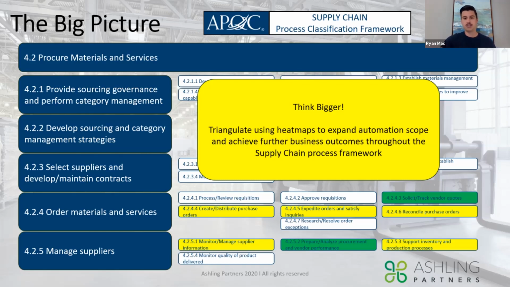And guess what? You see how many different standard areas of this process framework there are. I think it's safe to say there are automation opportunities in every single one of the boxes on the screen here. Certainly the heat maps will help as you analyze which areas have potentially bigger opportunity and which areas might be a little bit more challenging, but there's opportunity in each area.